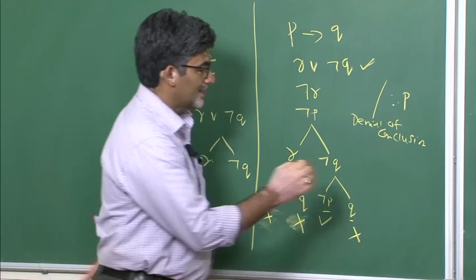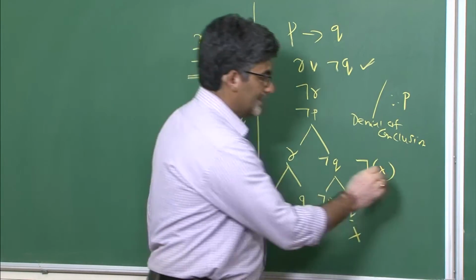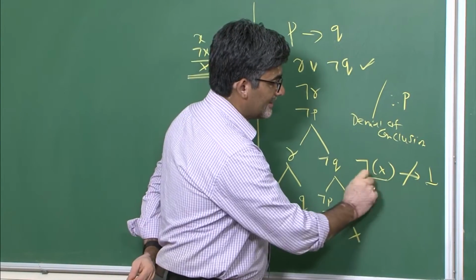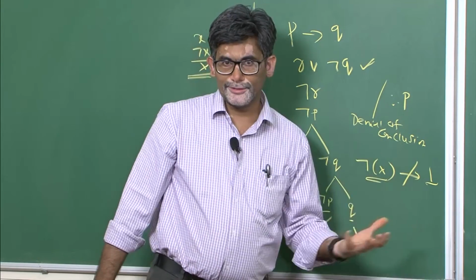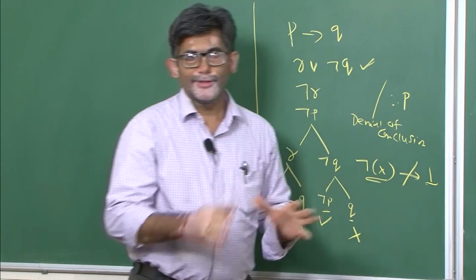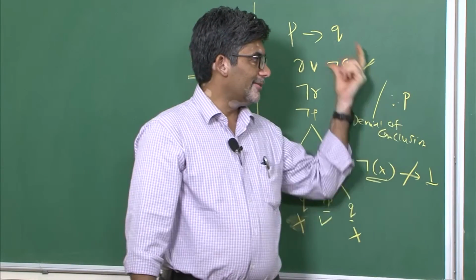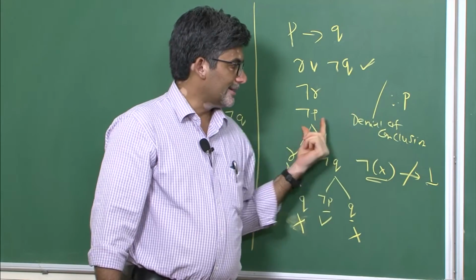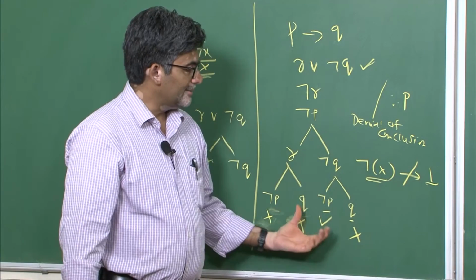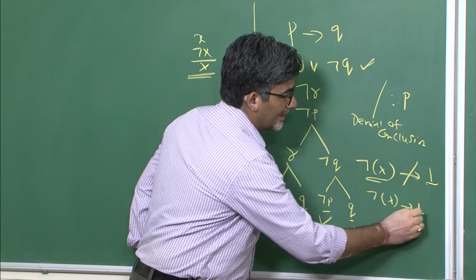So now the situation is that denial of the conclusion does not lead to a contradiction. That means we cannot surely say that X is a valid argument. What we are trying to do is, if you want to know whether P is a logical consequence of the given formulas, we start with the negation of the formula, then construct a tree diagram, and see whether not X leads to a contradiction or not.